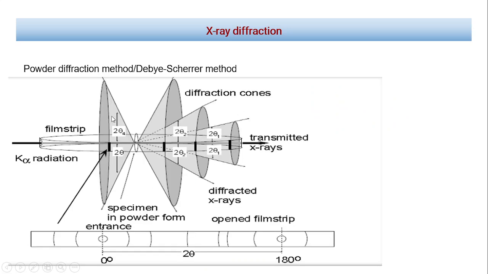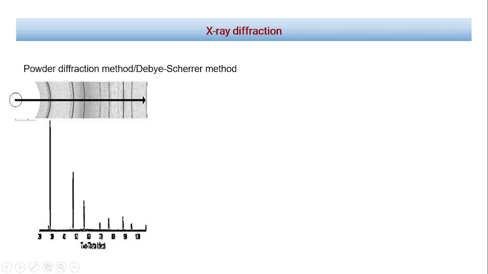It tells us how much they are diffracting corresponding to theta, and we get the intensity on this scale. So usually when we do an experiment, what we get out of the experiment is the intensity of diffracted X-ray as a function of 2 theta.